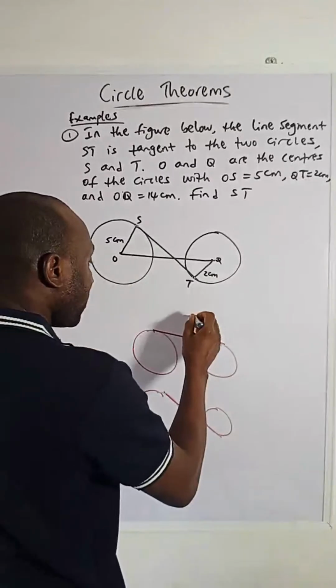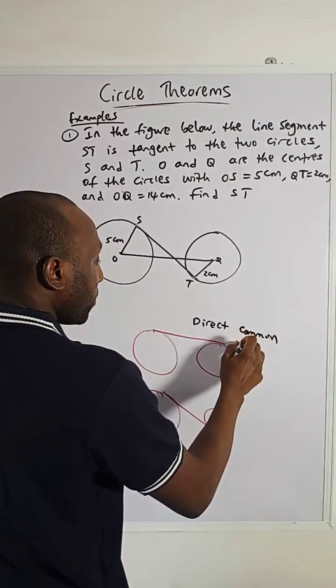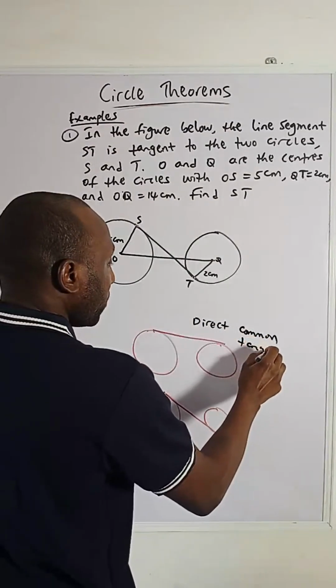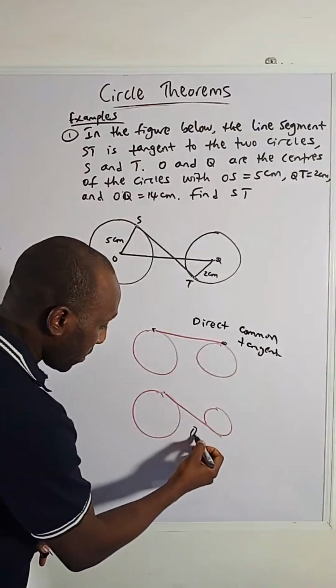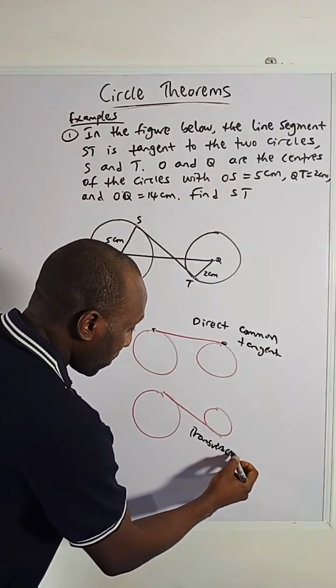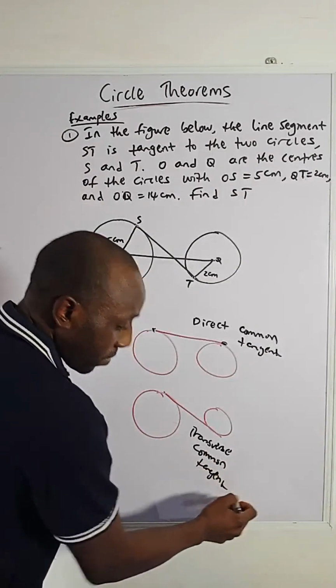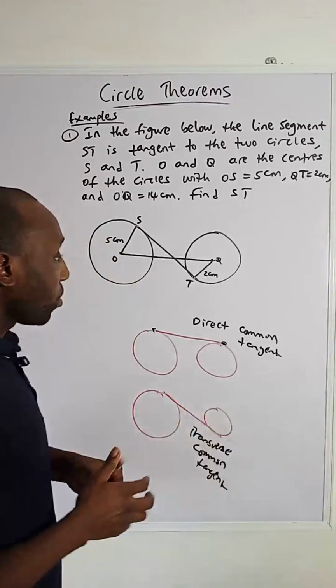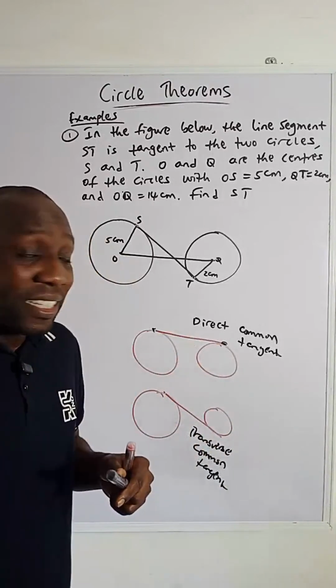This is a direct common tangent, from top to the top here. This is a transverse common tangent.